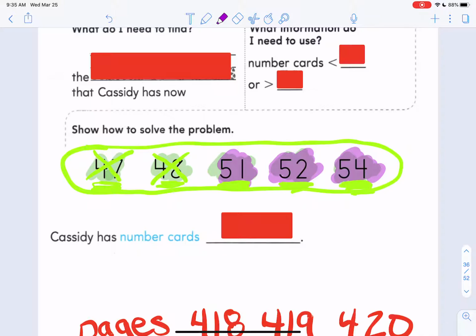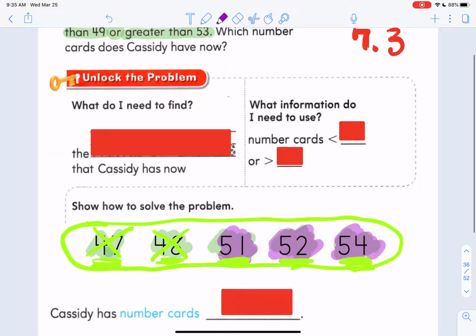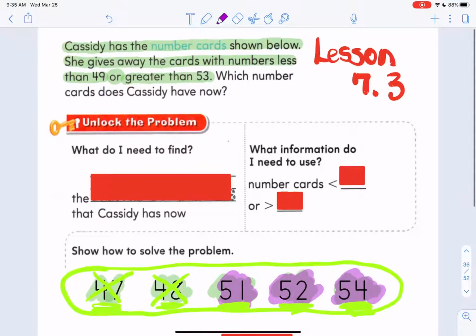And the problem says that she gives the cards away that are greater than 53. So I'm going to take my pen and cross that out. And then the rest of the problem says, which number cards does Cassidy have now?